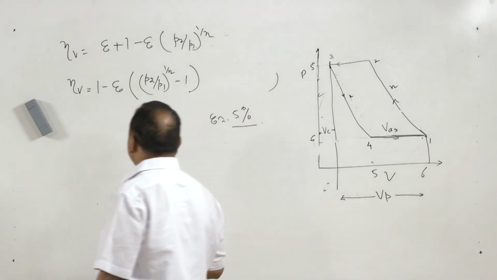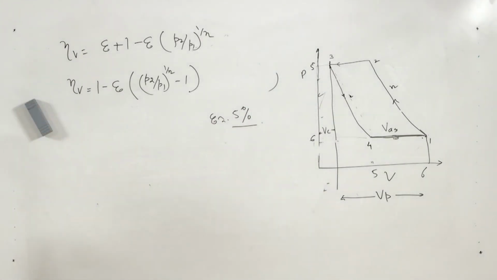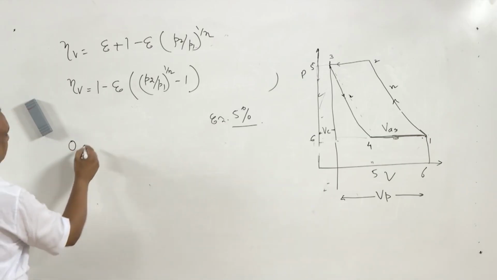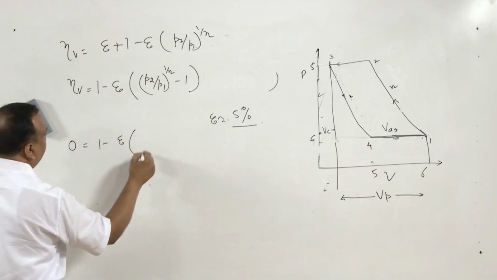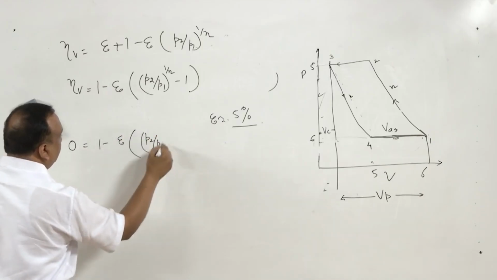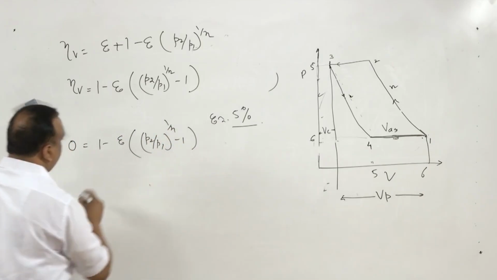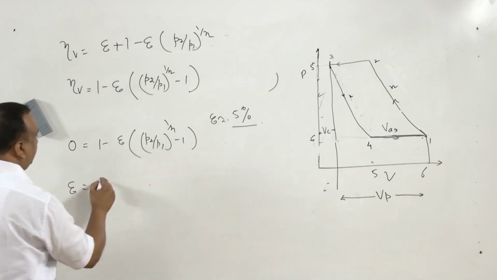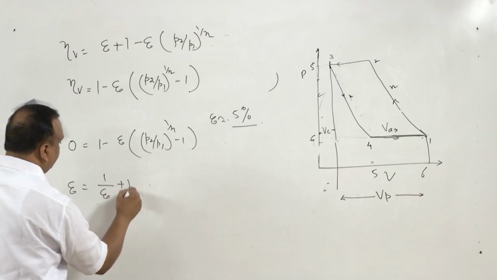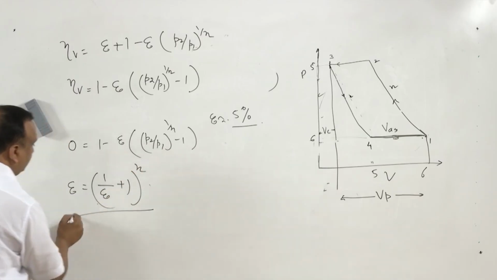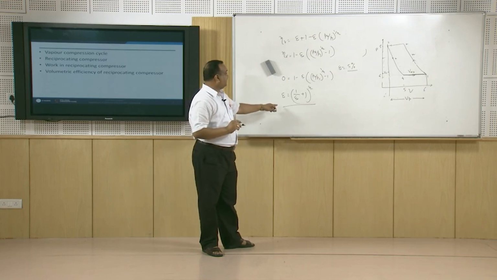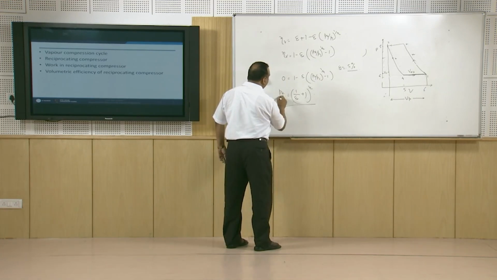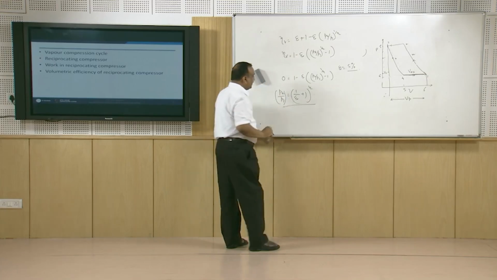Regarding P2 and P1, there may be a situation when volumetric efficiency is 0. Now, if the volumetric efficiency is 0, in that case the value of clearance ratio is going to be... this is the value of pressure ratio, not clearance ratio, pressure ratio, for a given clearance ratio.